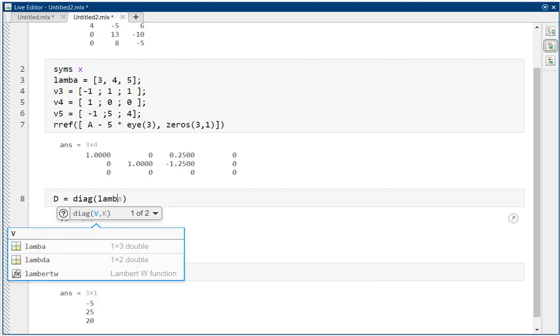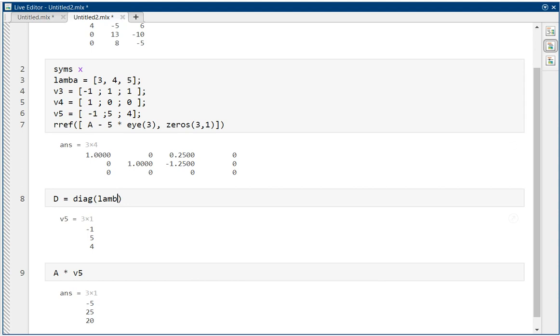Oh, I called them lamma. Hang on, that's bad. Lambda, okay. When I do diag lambda, that's why I wrote them as this row vector, because when I use the diag function, it creates a diagonal matrix, and that's the correct D that I need.